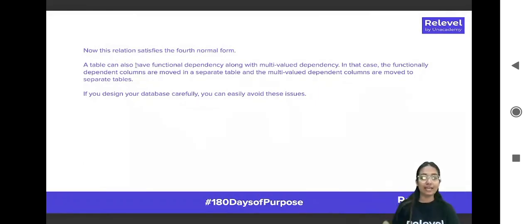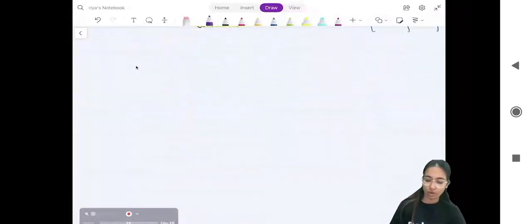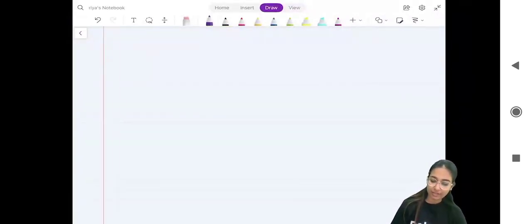So you should take care that you design databases in such a way that you get rid of all of these dependencies. Okay. So with this, we actually conclude our discussion for all the normal forms and for all the normalizations that we have.